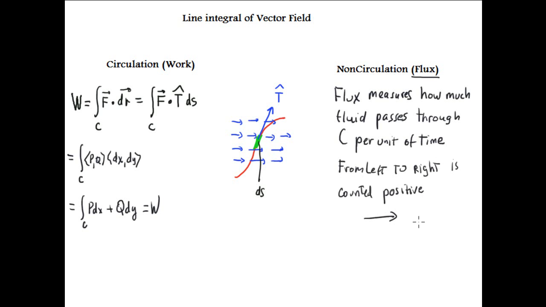So in this direction is positive, opposite direction is negative. To compute the flux, instead of the tangent unit vector, you use a normal unit vector.